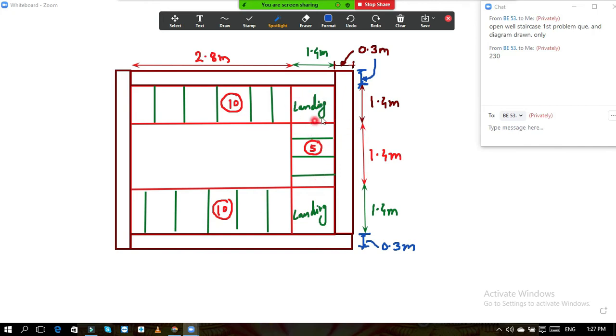They have also given you the dimensions of the landings and of the supporting wall. And at the approach we always put the beam here, because the load of the open well staircase is slightly high. So these are the given things.